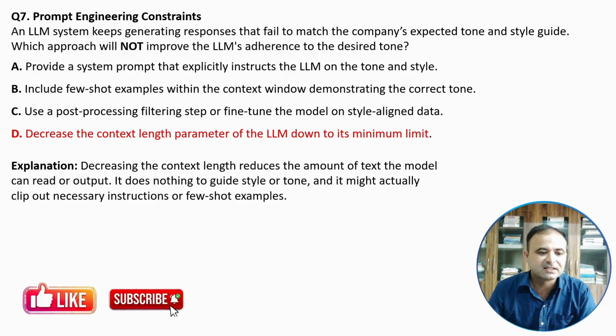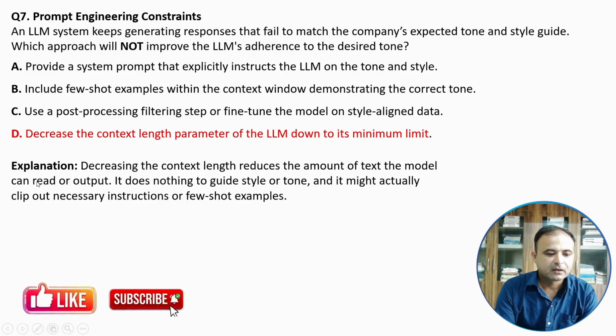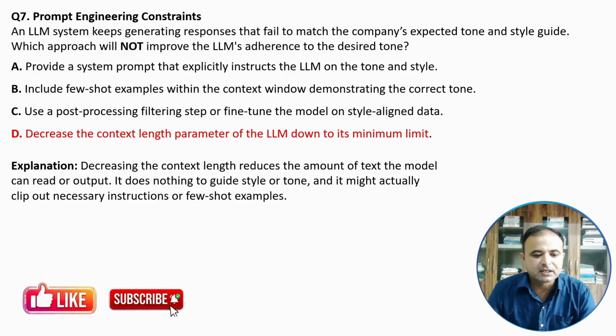Here the correct answer is D: decrease the context length parameter of the LLM down to the minimum limit. Decreasing the context length reduces the amount of text it can read or output. It does nothing to guide style or tone, and it might actually clip out necessary instructions or few-shot examples.